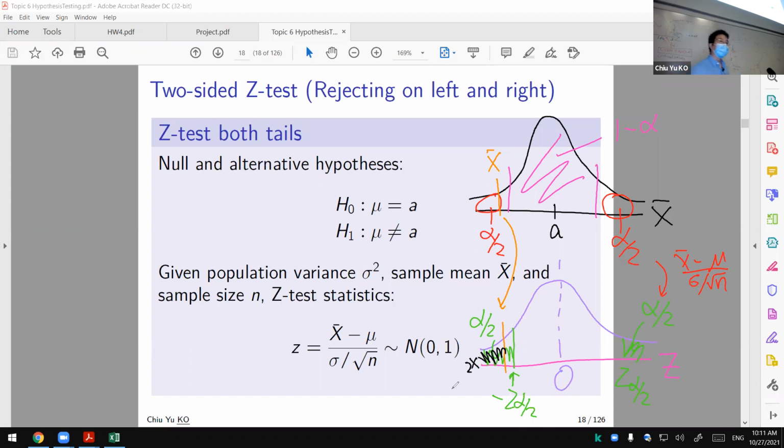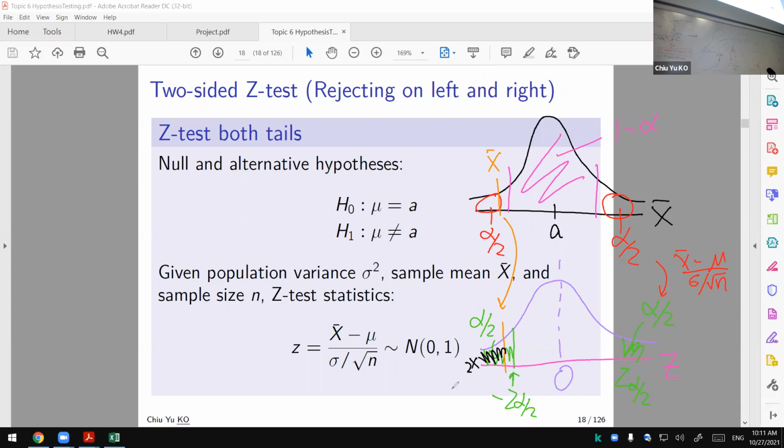The p-value will not be just the area on the left. You have to multiply by 2, because you don't know which side it falls on. It could happen on both sides, so that's why you multiply p by 2. The reason is you compare p-value with alpha over 2. So either you compare p with alpha over 2, or you multiply p by 2 and compare it to alpha.